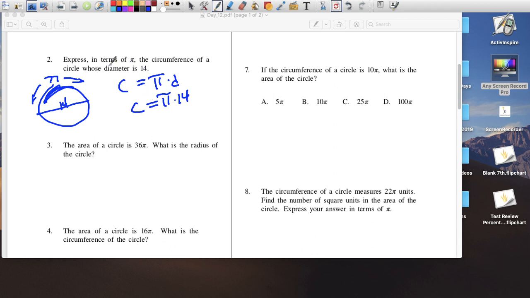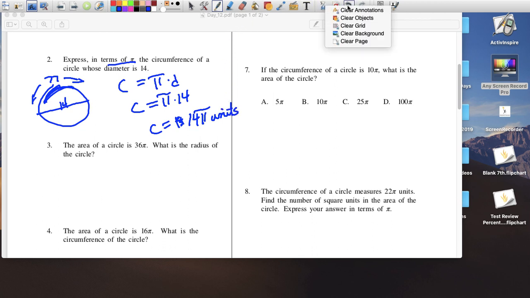It says express in terms of pi, so I don't even have to multiply. I don't have to press that double arrow button. I'm just going to leave it as C equals 14 pi. Does it give me a unit? It doesn't, so I'm just going to write unit, whatever that is, centimeters, inches, etc.